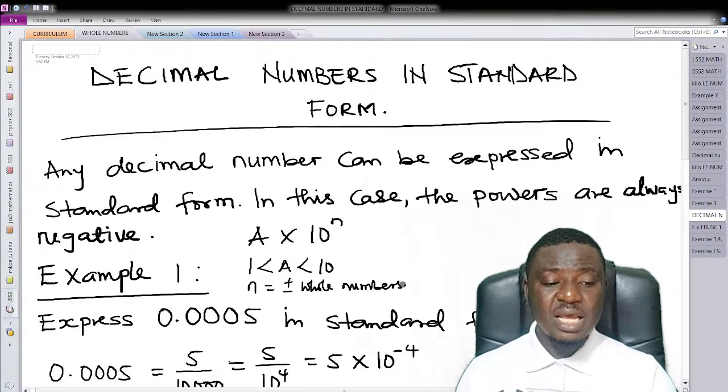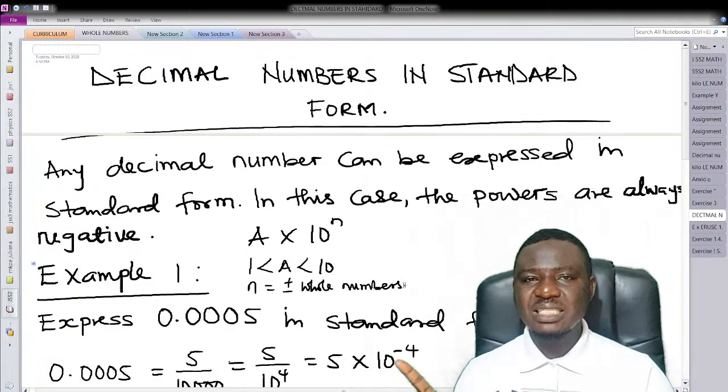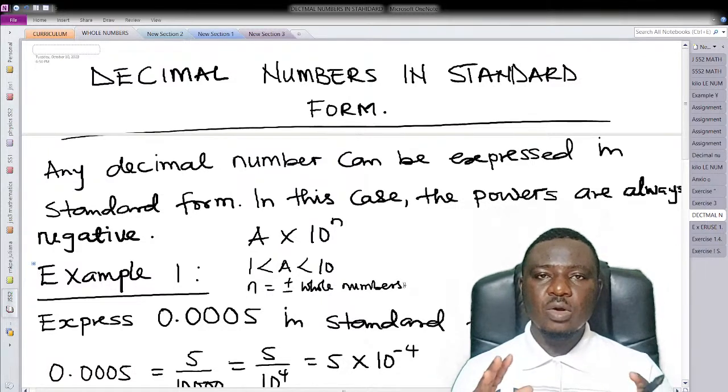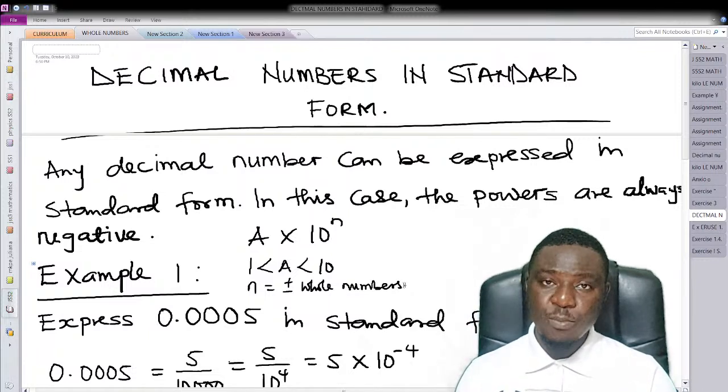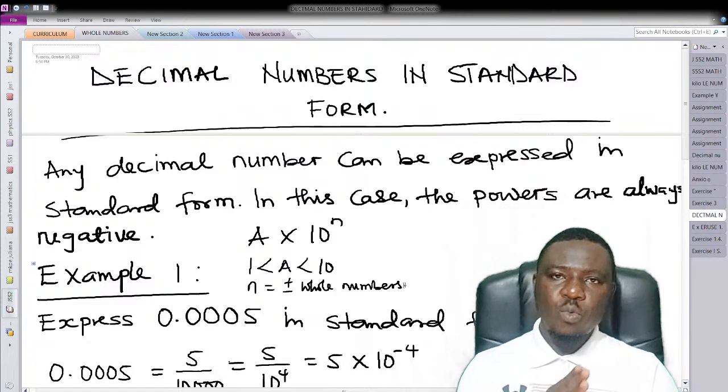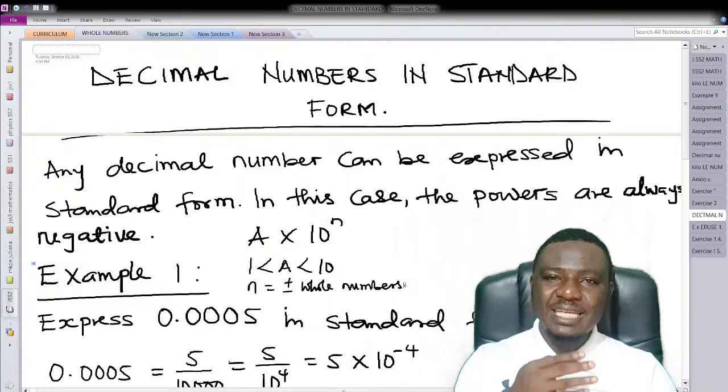In this case, the powers are always negative. At the last class, while we were treating whole numbers, we discovered that the powers in standard form were positive, because we were increasing the index number.